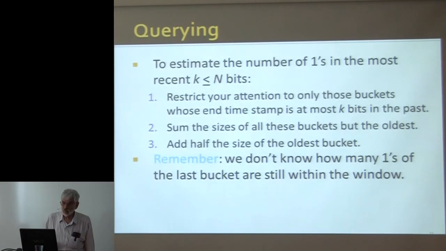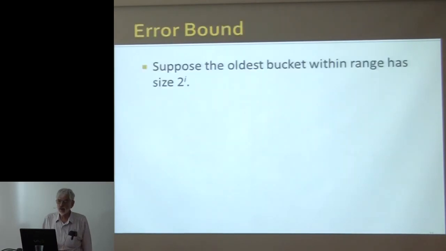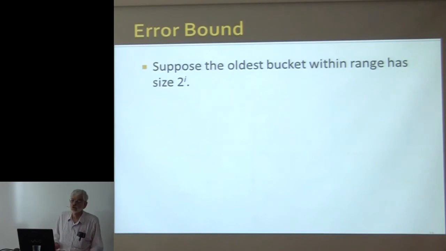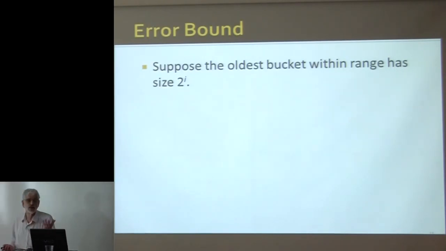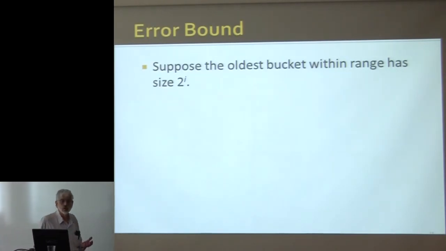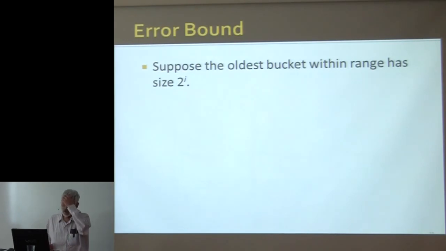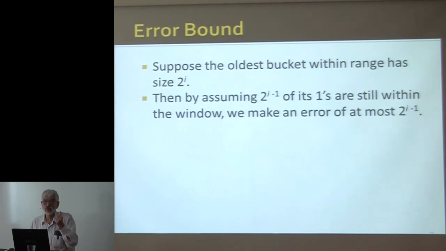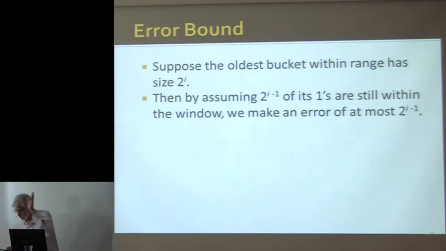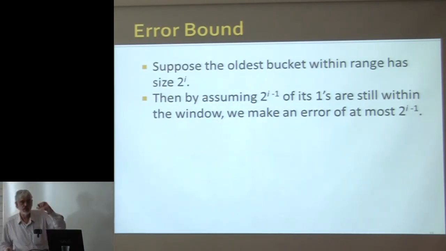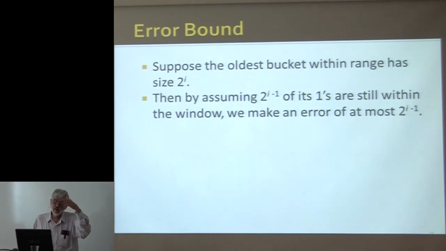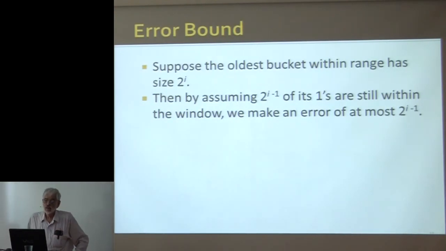Okay. Now, how bad could that be? Suppose that the oldest bucket is of size 2 to the i. Now, I know at least one of the 1s is within the last k, because otherwise the whole bucket would be outside of the range of the last k, and therefore I wouldn't even be looking at it.